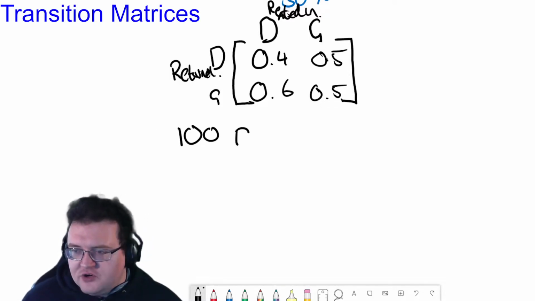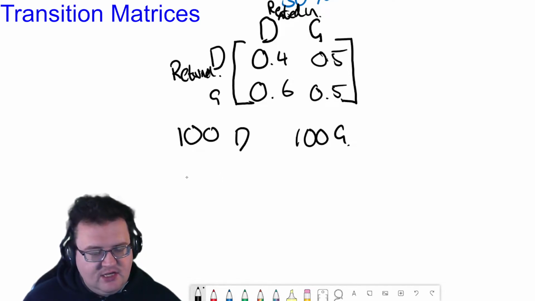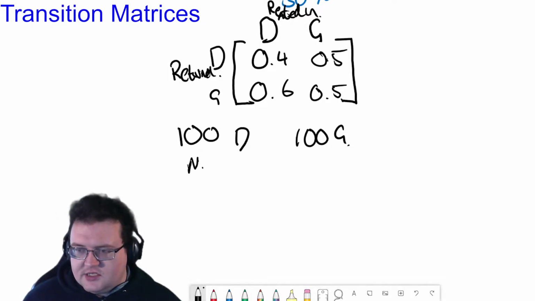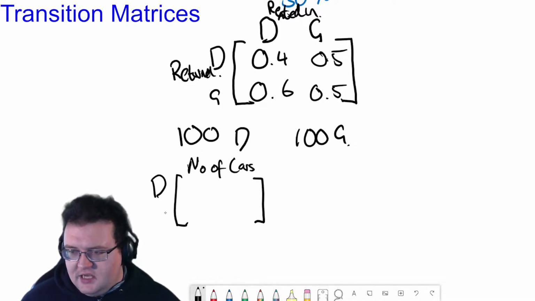If I start with 100 cars in Dandenong and 100 cars in Geelong, I'm going to need a matrix to represent the number of cars, so that's D and G. It's just going to be 100 and 100.